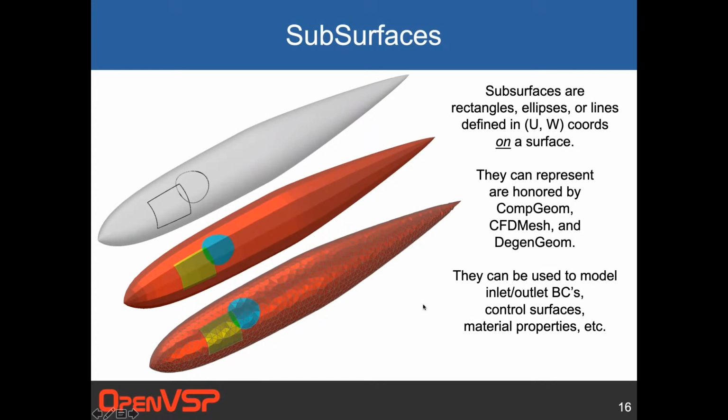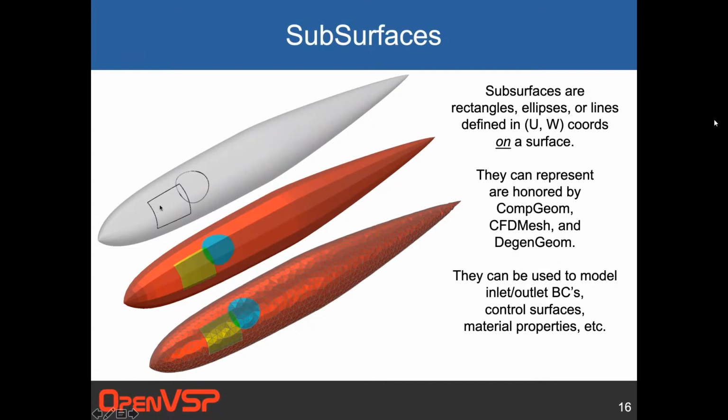Changing gears again, and really one slide is not enough to do justice to subsurfaces, but subsurfaces will also come up in some of the modeling. What they allow you to do is demarcate an area on the surface of another geom. So here's a pod, and here in UV coordinates, we've drawn a rectangle and an ellipse on that pod. With this subsurface, we've marked an area on a surface, and that can be used by different analysis tools.